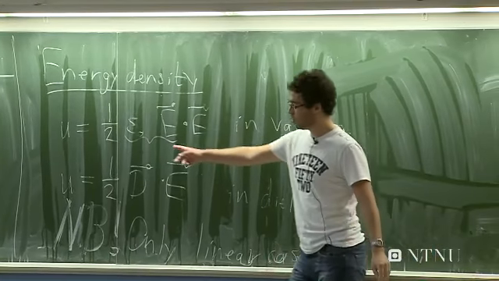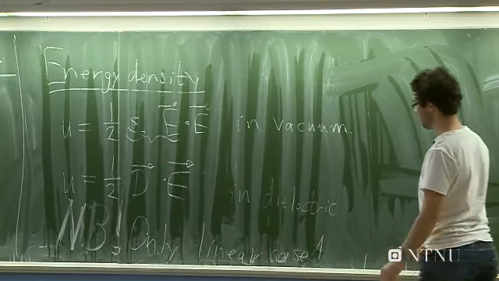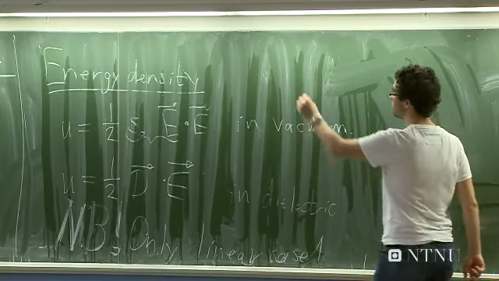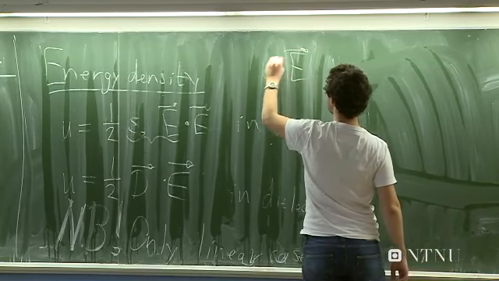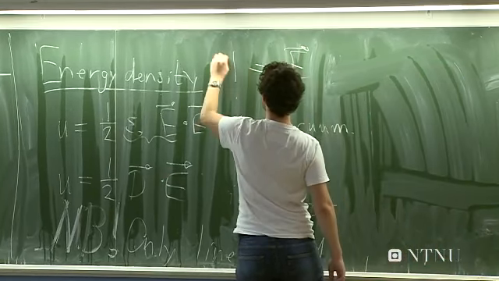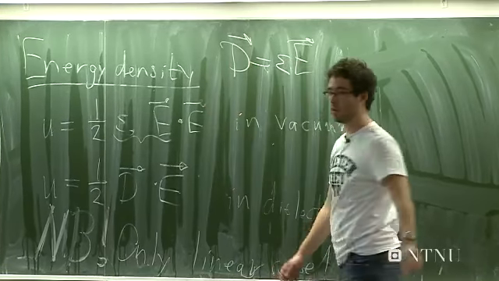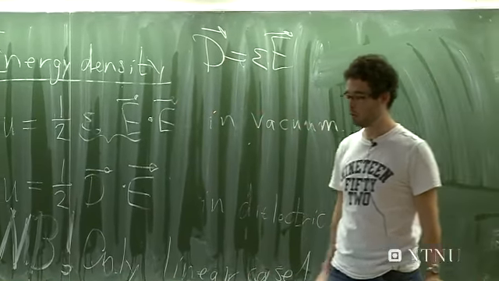Because to do this jump is essentially to assume that the D field is linear in the E field.